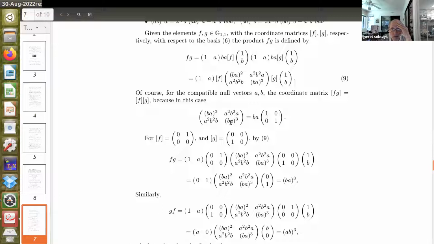BA cubed is equal to BA. A squared and B squared are 0 in this case. If A squared is 0 and B squared is 0, then your expressions above can be simplified quite a bit. That's right. And that becomes the ordinary matrix product then.